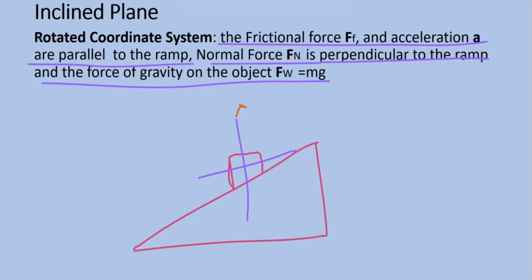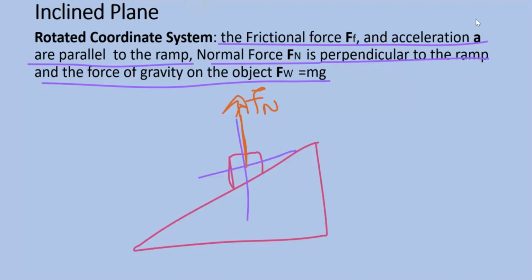As defined here, the normal force is perpendicular to the ramp. So if this is the normal force, it's perpendicular to the ramp. So here is F of n. The frictional force, this is the force of friction here, is parallel to the ramp.